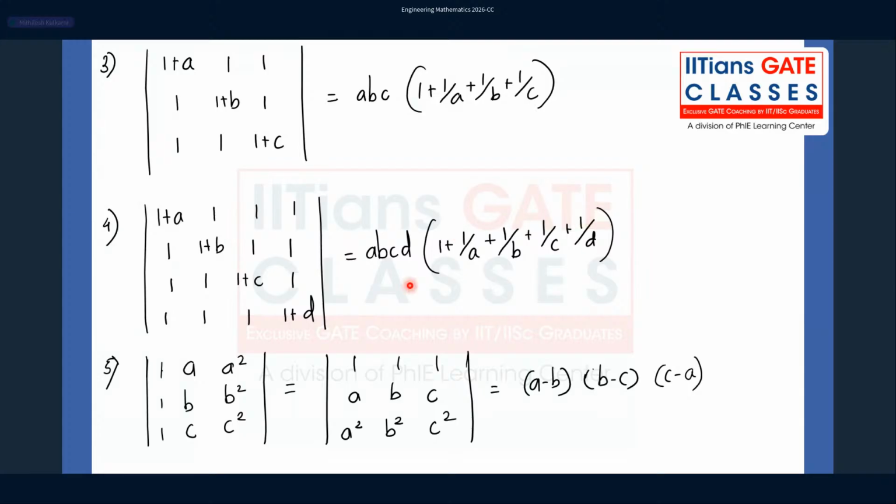Again, the determinant of 1, 1, 1; a, b, c; a square, b square, c square, written in row format, is (a minus b)(b minus c)(c minus a).